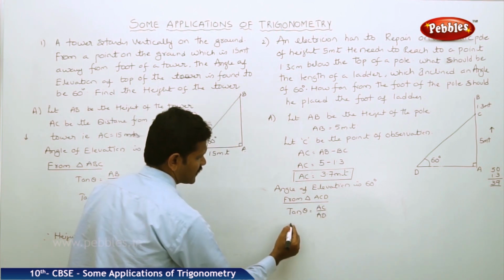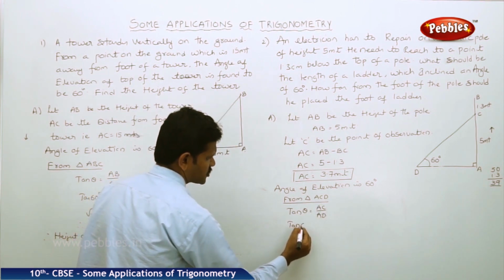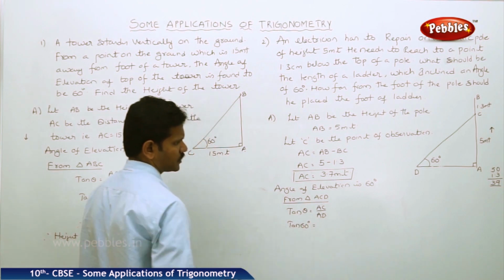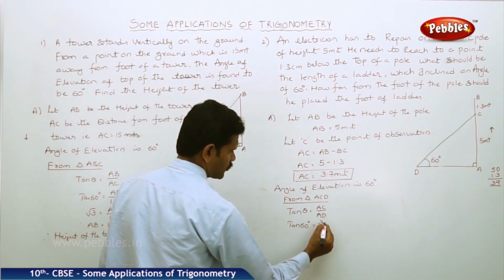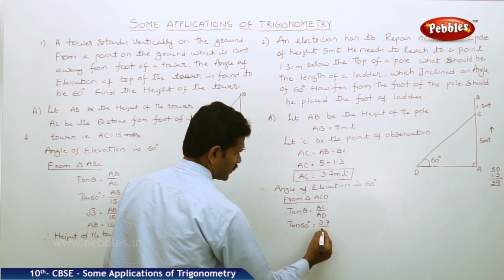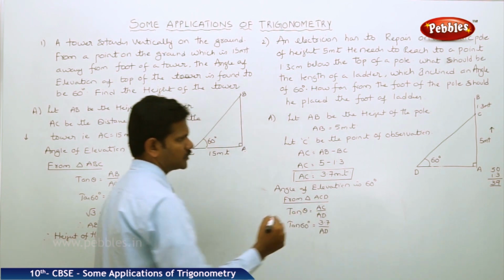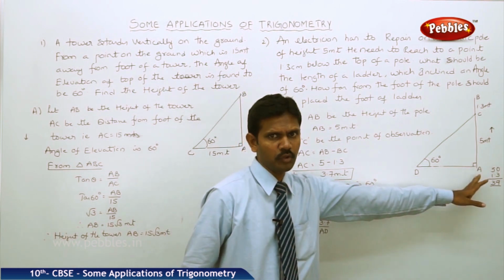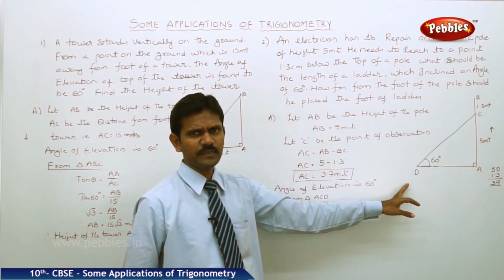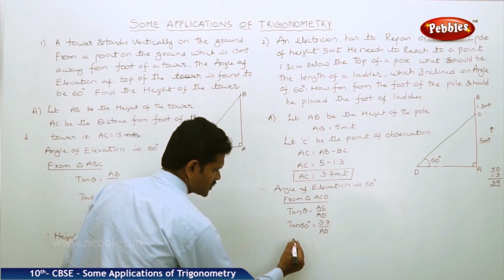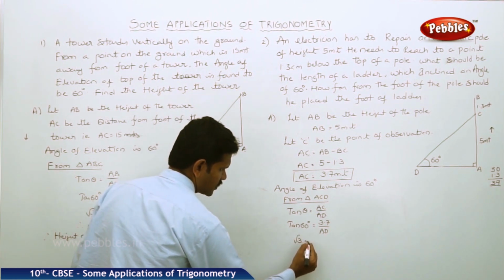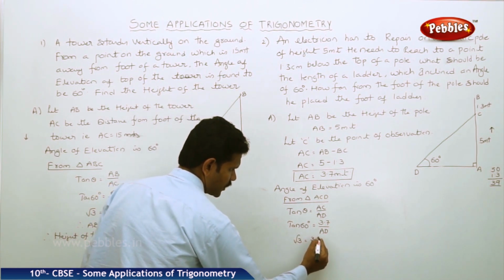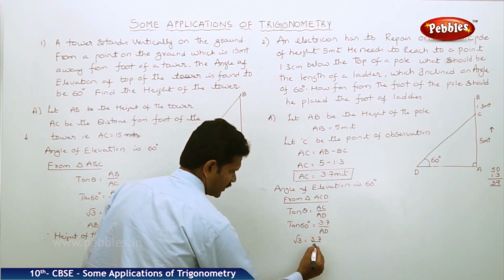Tan 60 degrees is equal to AC value 3.7 by AD, which we have to find. Now AD is the distance from the foot of the pole to where the ladder was placed. Tan 60 is root 3, so root 3 is equal to 3.7 by AD.